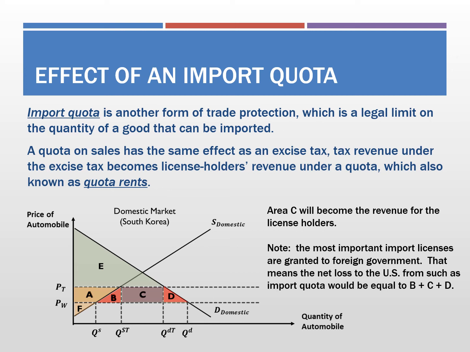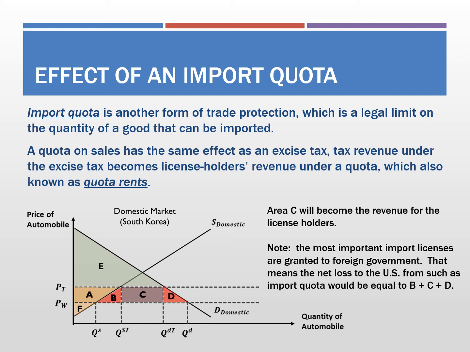So a quota policy is basically another form of limitation for trade. Instead of setting a tax or tariff to increase the price of the product domestically, the government can also set restrictions on the total quantity being imported from other countries.